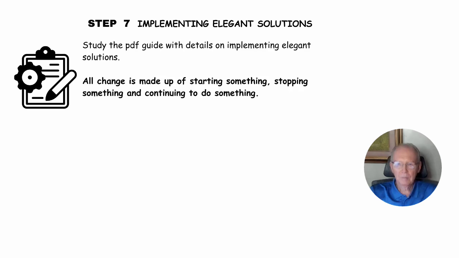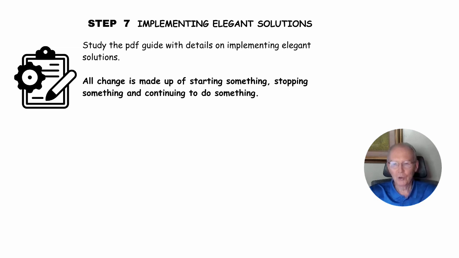your elegant solution. When you're implementing something, you're actually changing something. And if you start thinking about change, all change is made up of starting something, stopping something, and continuing to do something. So mainly with elegant solutions, it's starting something, but very often it's doing it in a way that's different.